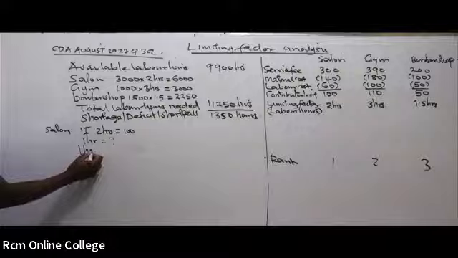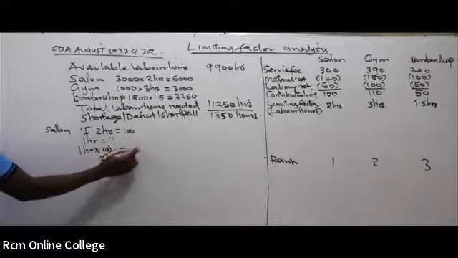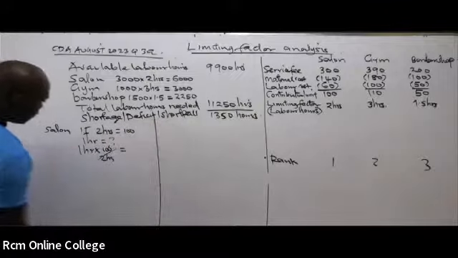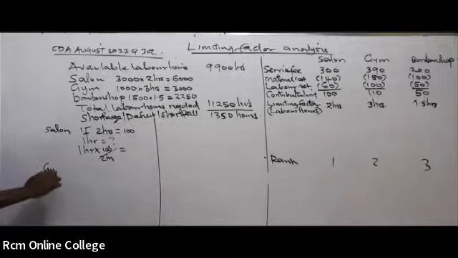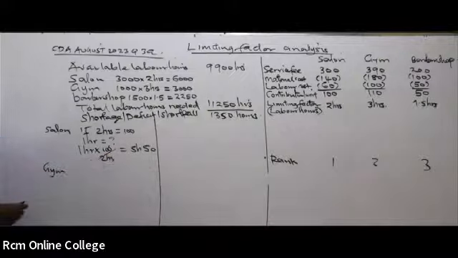So it is 1 hour times 100 over 2 hours. So how much will we have? 50 here, shillings. 50 in the gym.